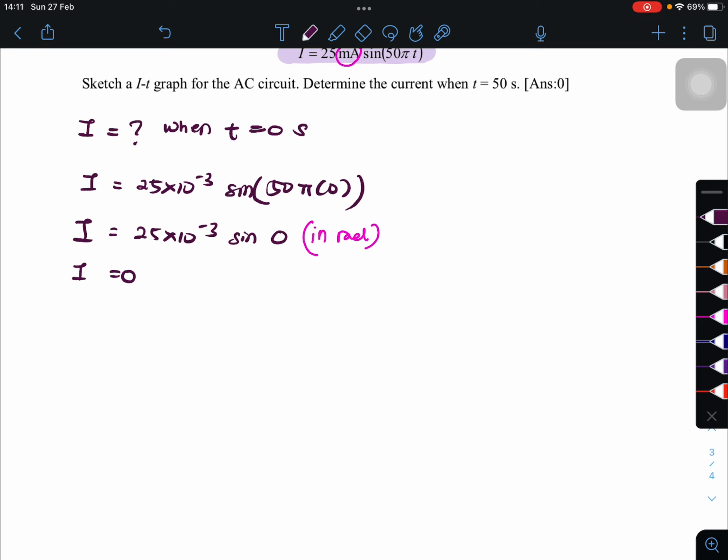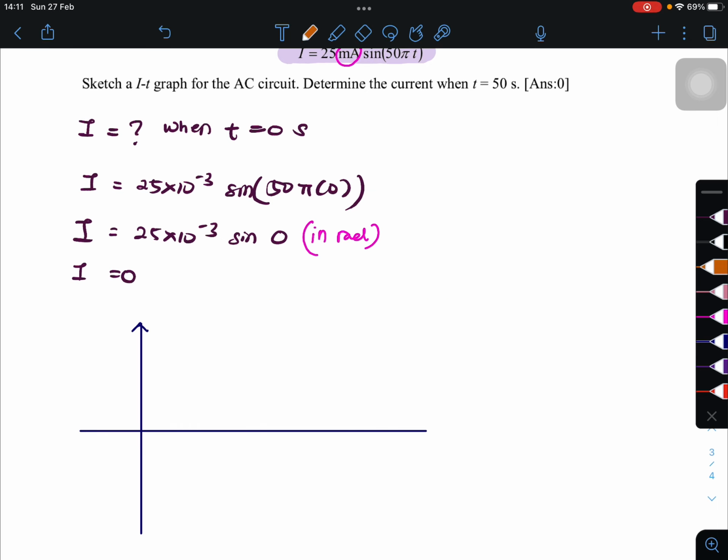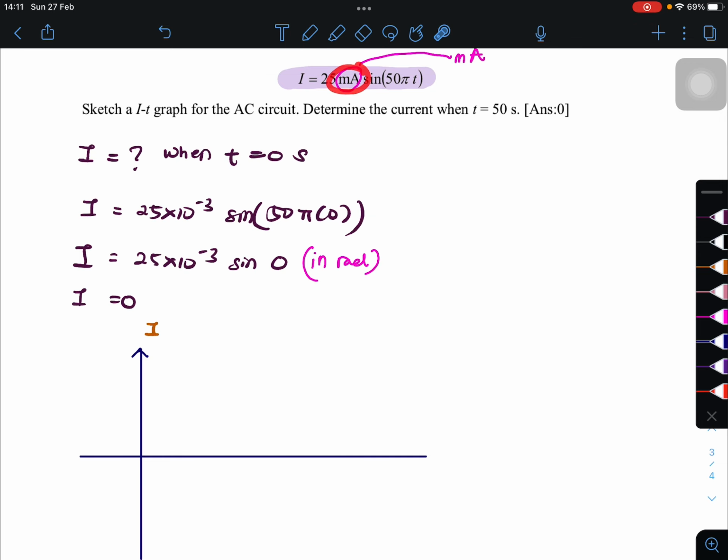So just lukis paksi. So here we have I, and then since kita punya unit adalah milliampere, so letak milliampere, and then t is just second.